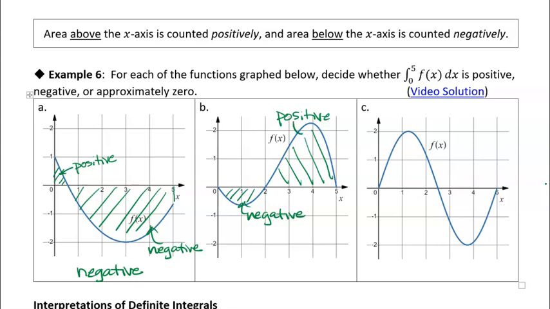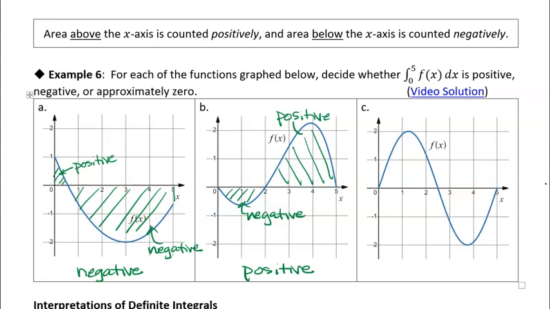This area is positive. Now, it looks like we have more positive area than negative area, so the net area is going to be positive. Okay, so that means that the integral, when we integrate from 0 to 5, is going to be positive because we have more positive area than negative area.